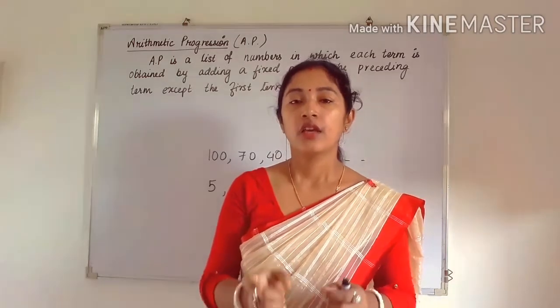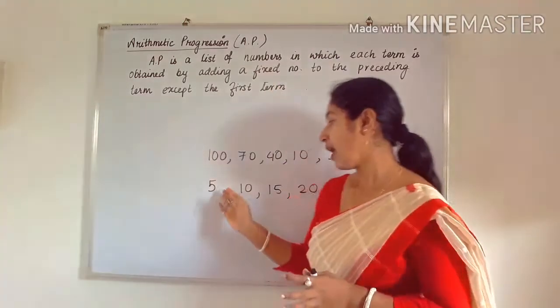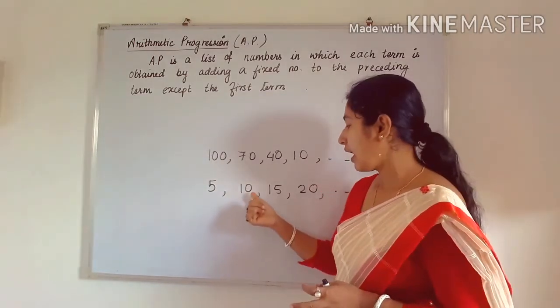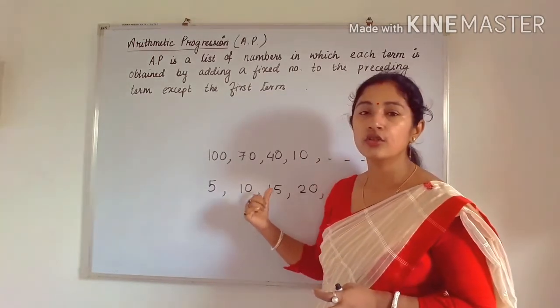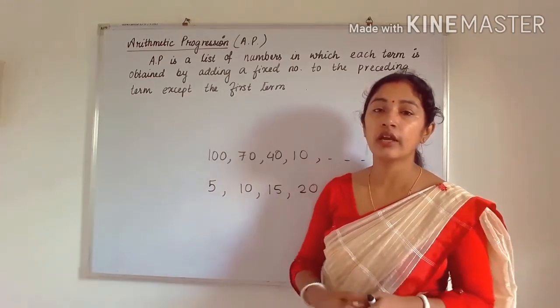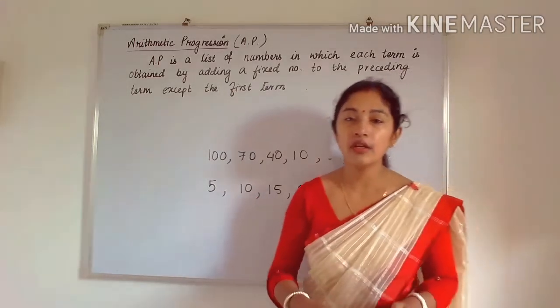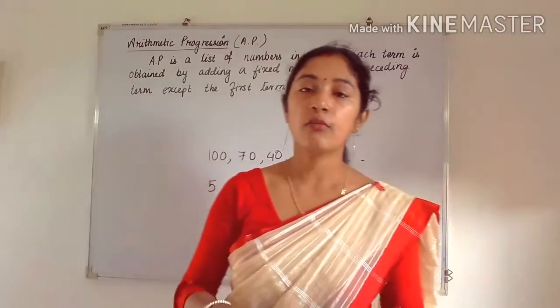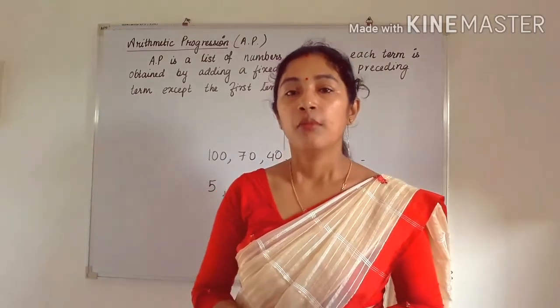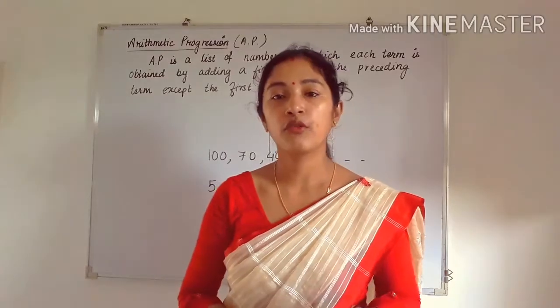Suppose here I am adding 5, then I am getting the next term. Again I am adding 5. So there is a fixed number which I am adding, and the fixed number is not changing. In some patterns we have to change the number, it is not fixed and it will change again and again. But in arithmetic progression, the number will not change.